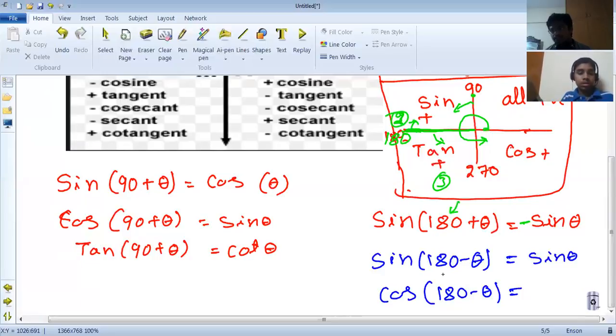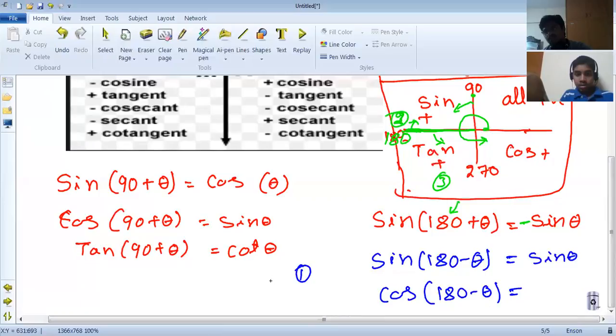Whenever the angle is provided, first you need to check whether it is 90 plus theta, 90 minus theta, 180 plus theta or 180 minus theta. That is the first step.